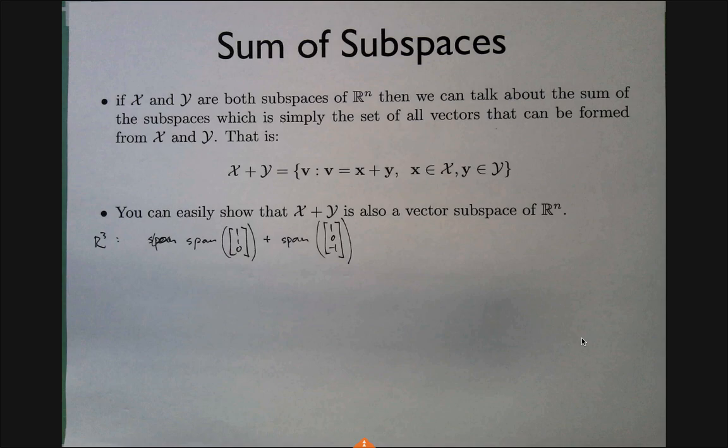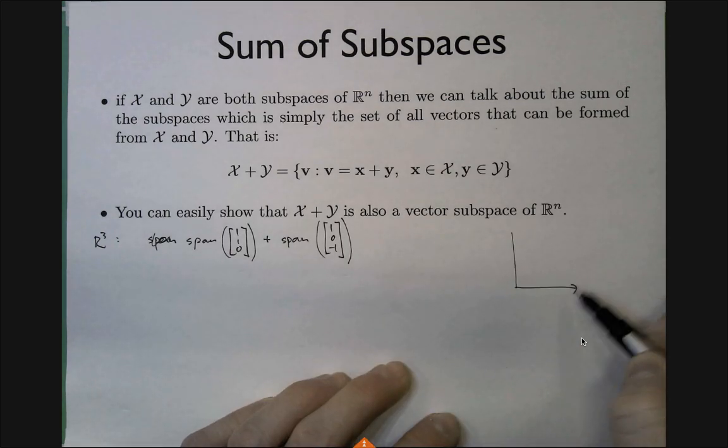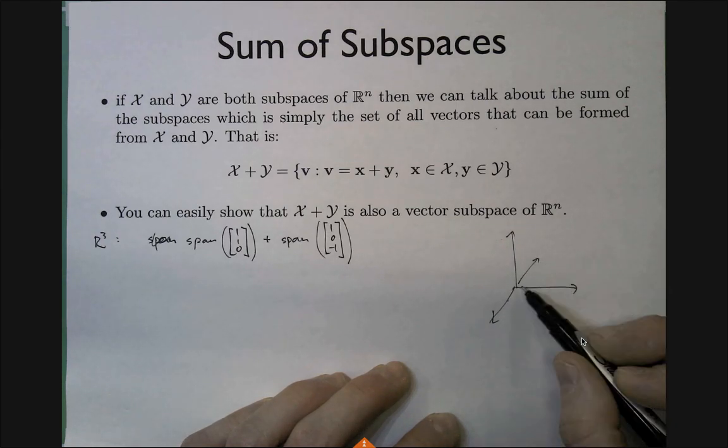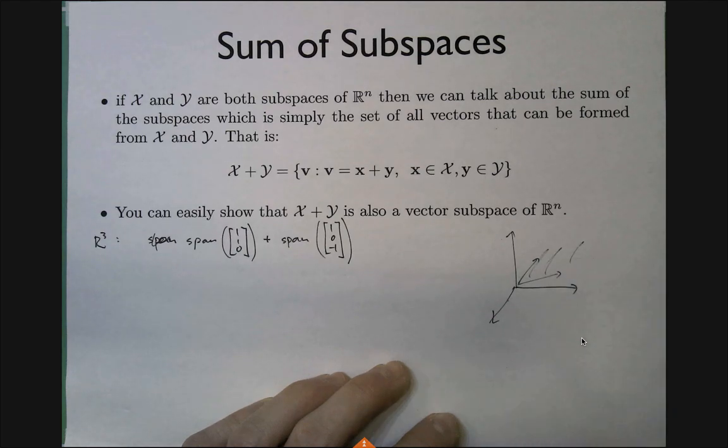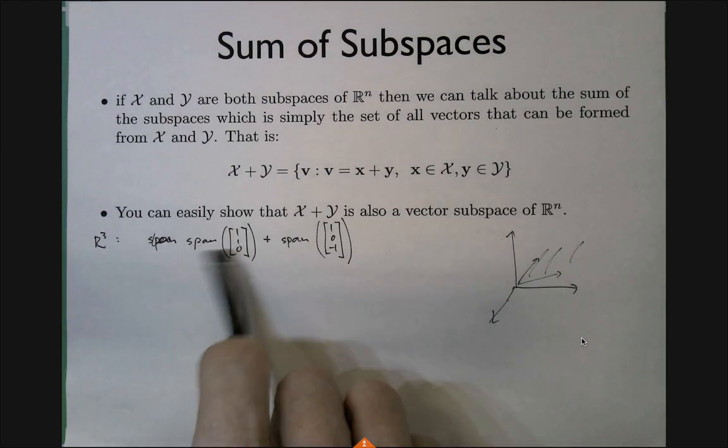Plane, exactly. Plane generated by these two vectors, right? I'm not sure if I should attempt drawing it because it might be a mess, but there is one, there's another one, then all together they generate some plane, and that's exactly the sum of the subspaces.